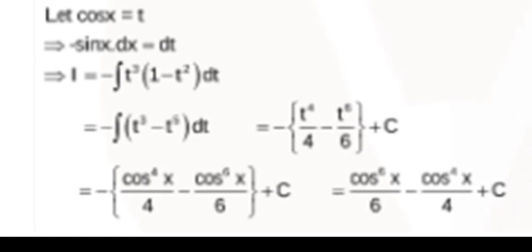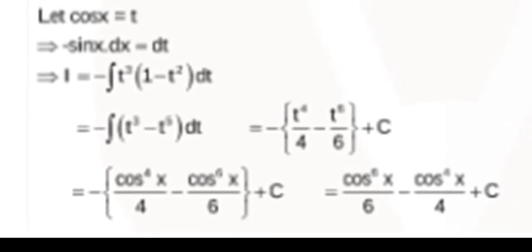If you remove the bracket, we will get minus integration of t cube minus t to the power 5 dt. Now the answer will be minus t to the power 4 by 4 minus t to the power 6 by 6. So students, we know that integration of x to the power n is x to the power n plus 1 by n plus 1. So using this formula, we have got the result.